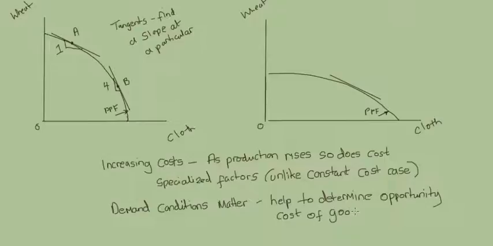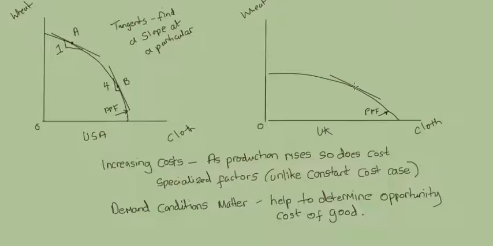So just to clarify that, let's make this, say, the USA, and we can make this the UK. If the USA was picking point A, that would say that cloth had an opportunity cost of 1 wheat, and if they were picking B, that would say that cloth had an opportunity cost of 4 wheat, and whether they should be the cloth exporter or the wheat exporter would depend on the relative size of opportunity cost.